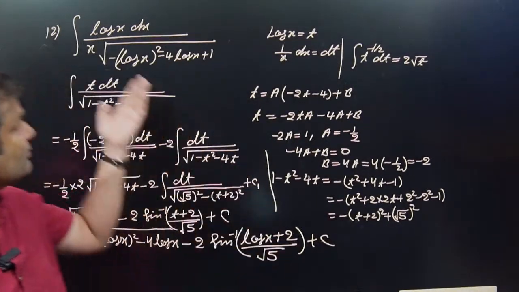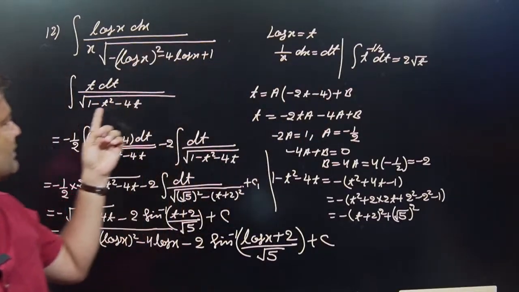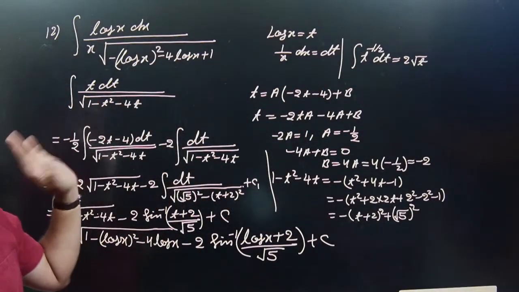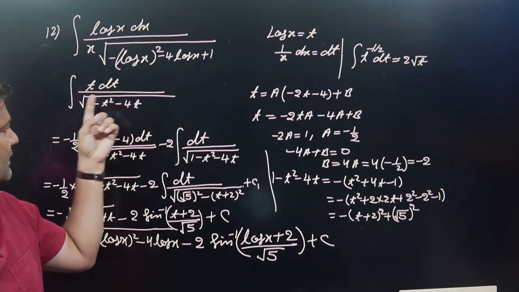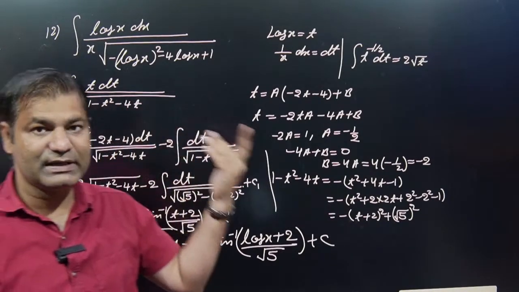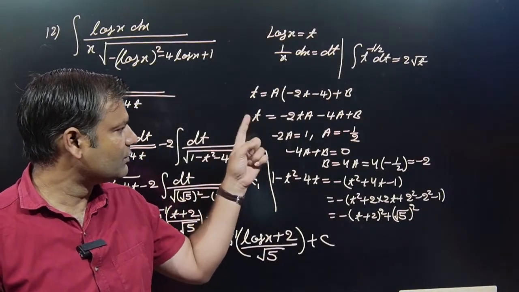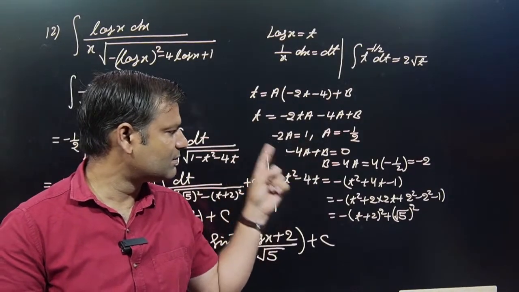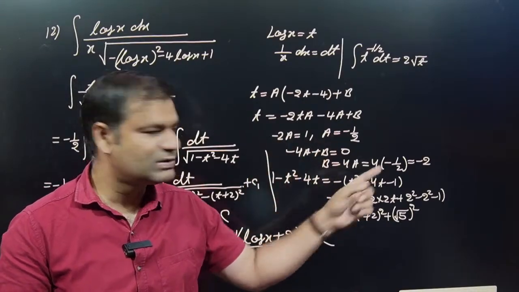So that's why I replace it, if this one is t, so dt, in terms of t. After that, now t will be equal to a times the differentiation of the denominator plus a new constant b. Okay. So we got how much a and b. After solving, we got a is minus 1 by 2, and b is minus 2.